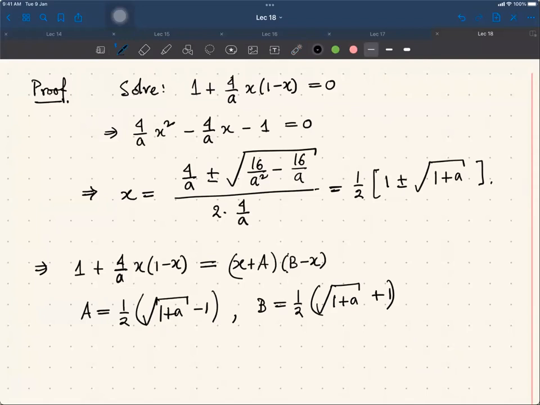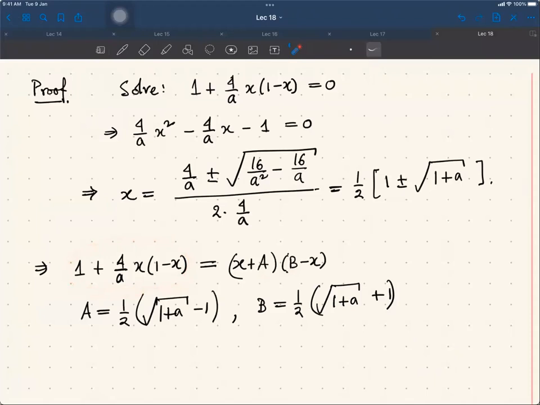So what we have done so far is that a and b are the roots of this equation being equal to 0. So this expression will be equal to 0.